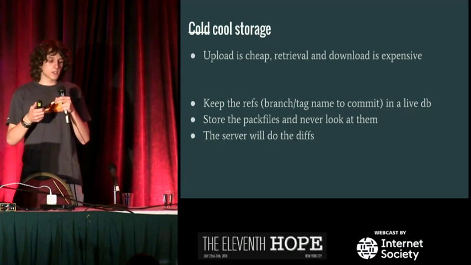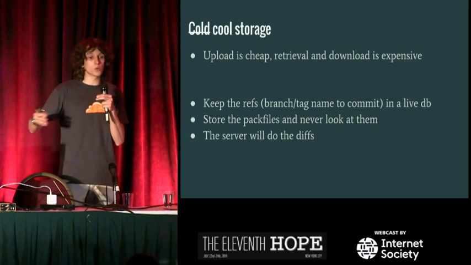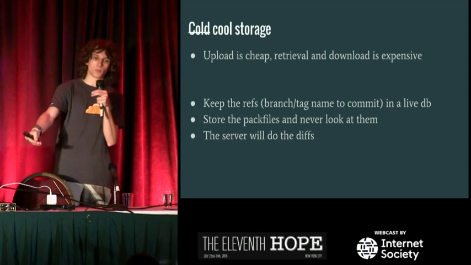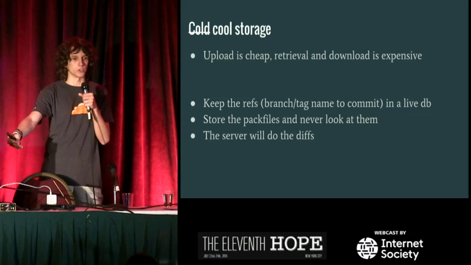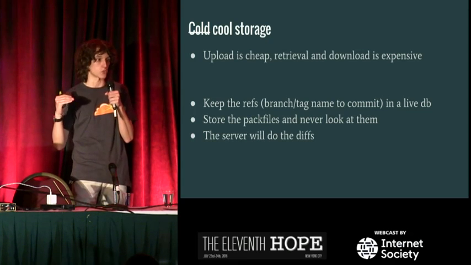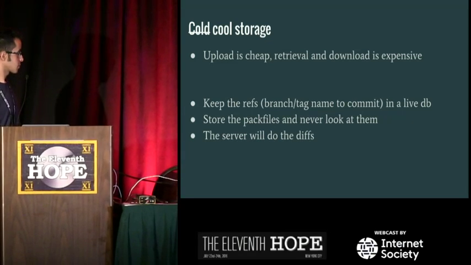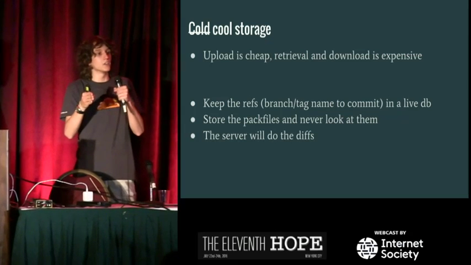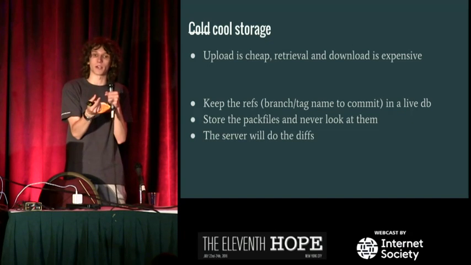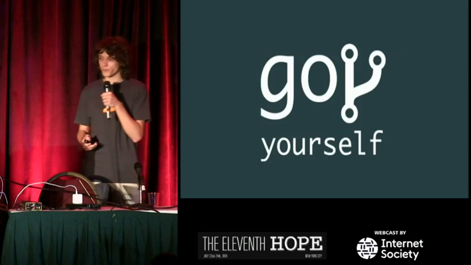And since it's the server that will do the differentiating, we don't have to ever look at the pack files again to make the next fetches, because the next time something is pushed to the Rails repository, we know what the refs of the last fetch were, because we have that in the live database. We send that to GitHub, and GitHub builds the smallest pack to get from what we have to what we need, and gives us that binary pack. We drop that into cold storage, and now we have everything we need.